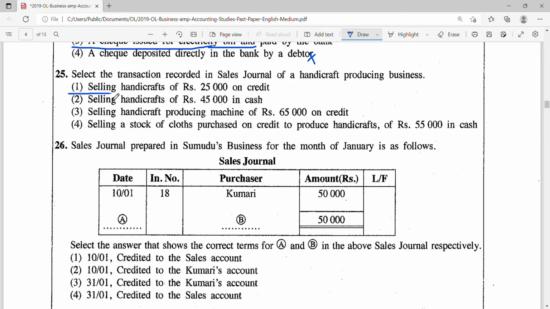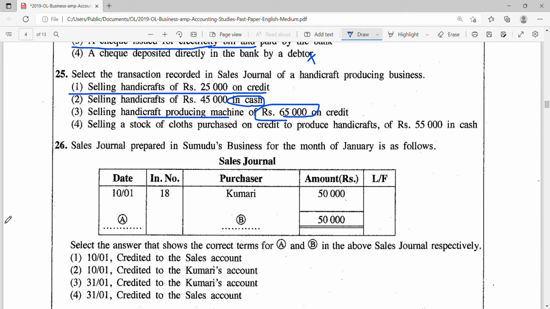So looks like the first one is the right answer, but let's see the other 3 options as well. Selling handicrafts of rupees 45,000 in cash. This will go to cash book. Selling handicraft producing machine of rupees 65,000 on credit. This will go to general journal, because again they're talking about a machinery.